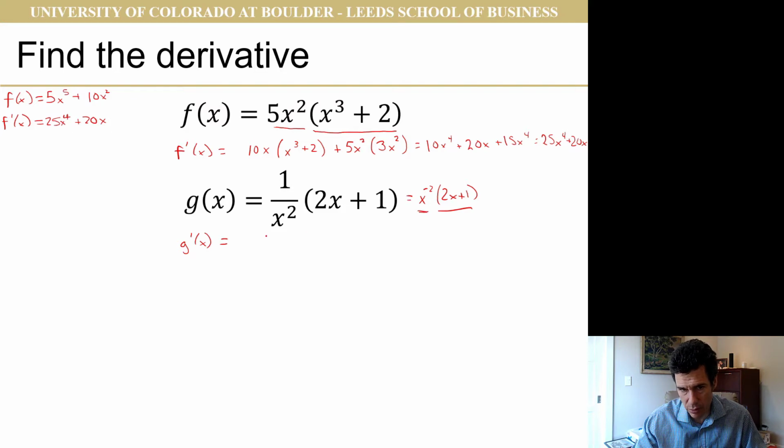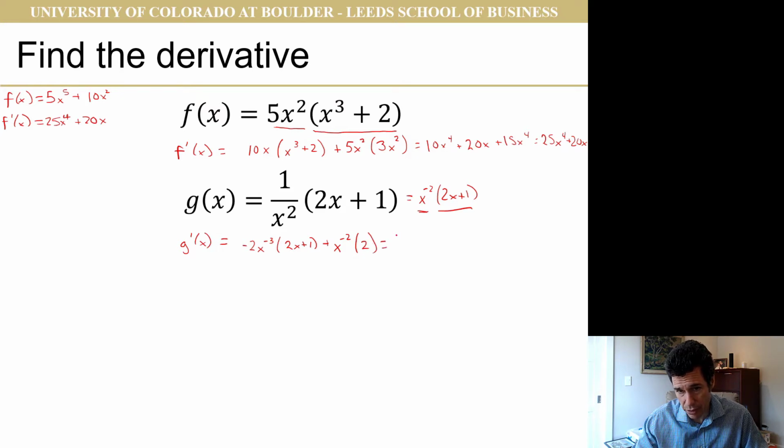This is a power rule, negative 2x to the negative 3, that's the derivative of the first function, times 2x plus 1, plus the first function, x to the negative 2, times the derivative of the second function, which is just 2.